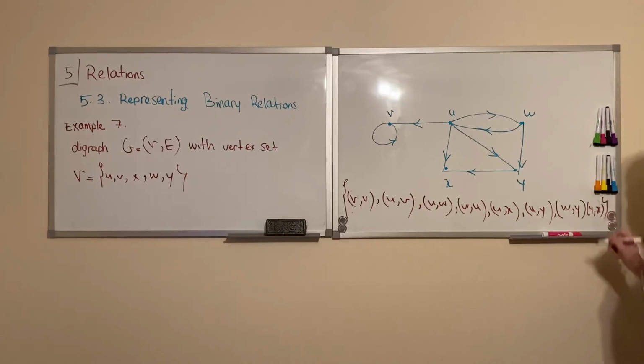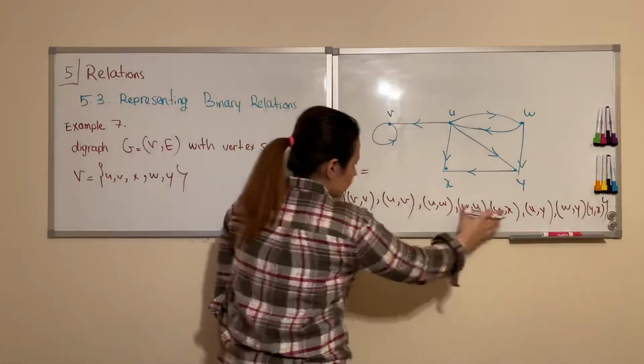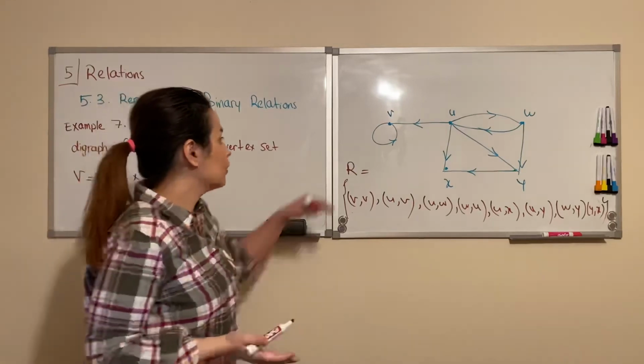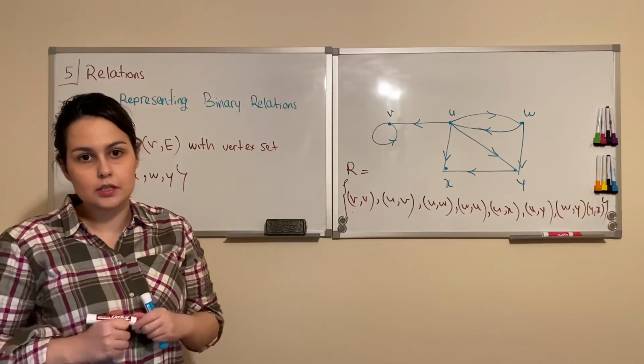Okay, I have everything here. So what I can say is that it is my relation. From this relation, I can connect them and represent them by a diagram. And also from the representation, I can see what my relation is.